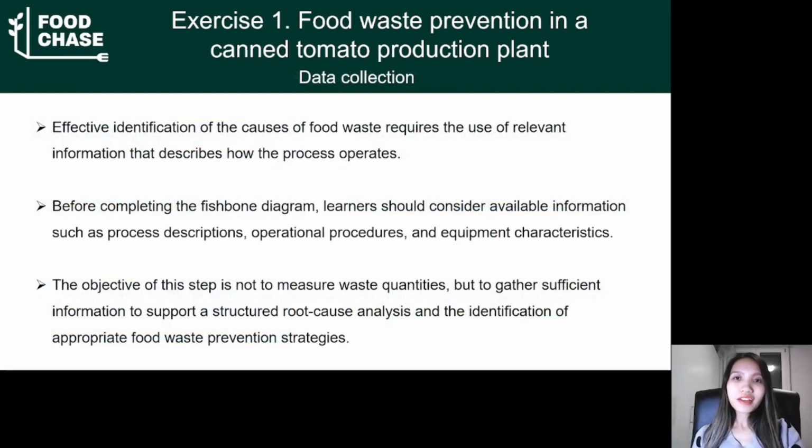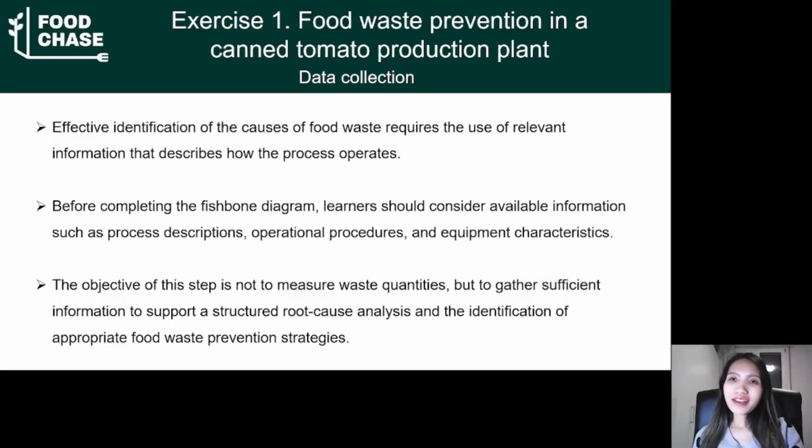For the data collection, firstly, it's important that the effective identification of causes of food waste requires the use of relevant information that describes how the process operates. Before filling the fishbone diagram, you should consider available information about the process, such as process description, operational procedure, and equipment characteristics.